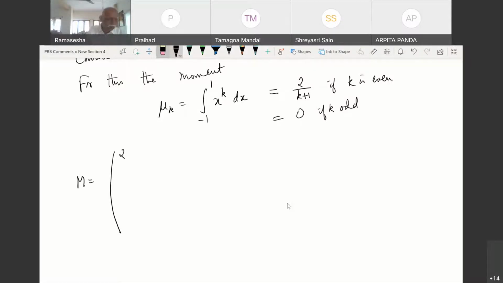The first one, 0, 2/3, 0, 2, etc. The symmetric matrix.